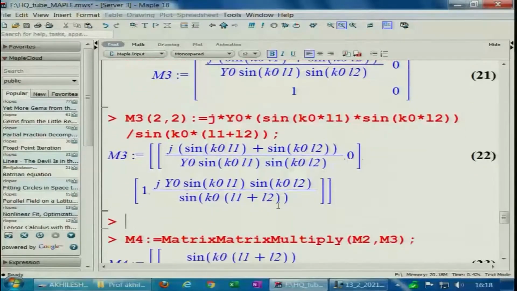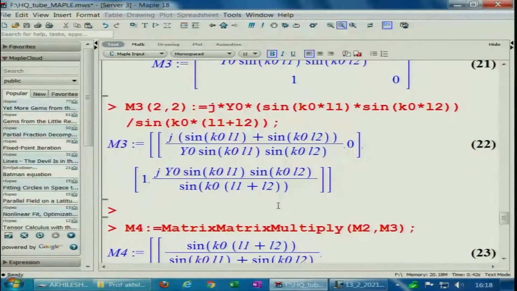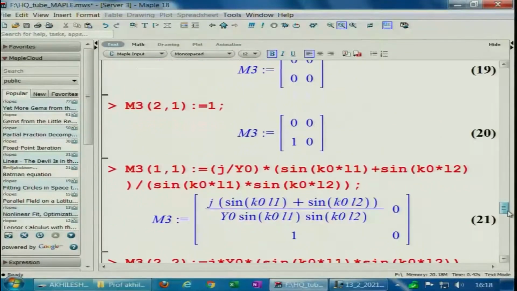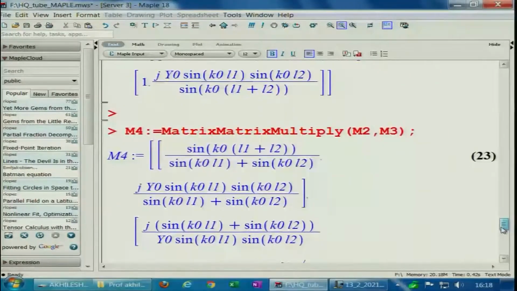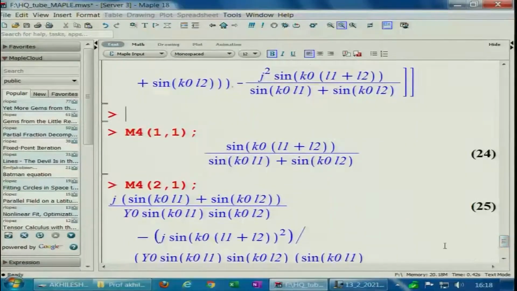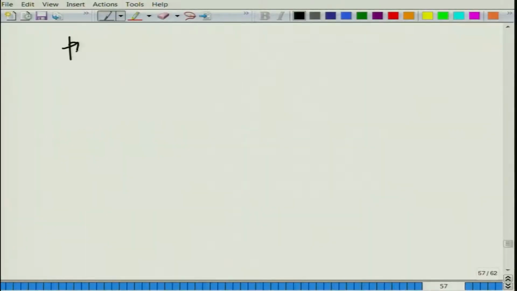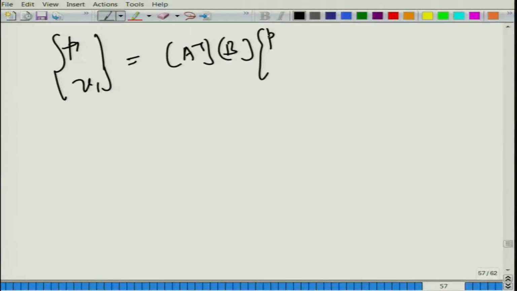So, we keep doing all this algebra, and then there is a command matrix multiply in Maple. So, we get this to finally get this tedious kind of looking expression. So, let me just go back to the presentation. Eventually what we are successful in doing is P1 V1 is equal to some A inverse B, that is your P6 V6.